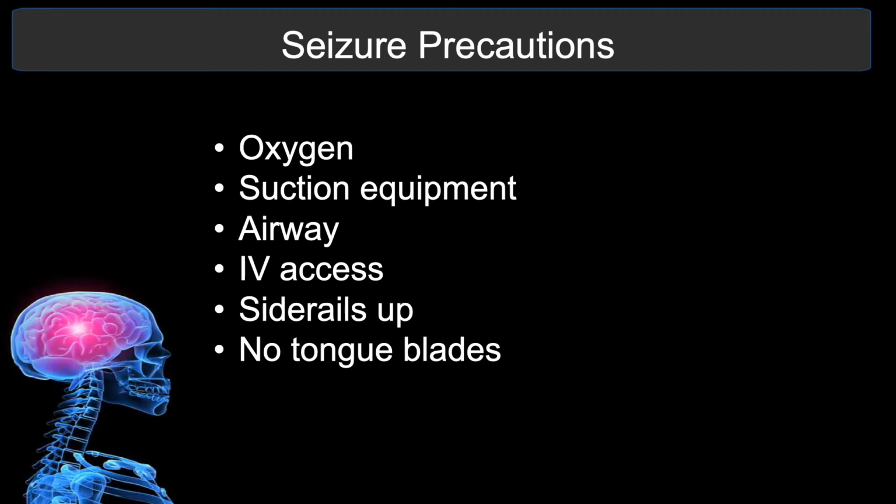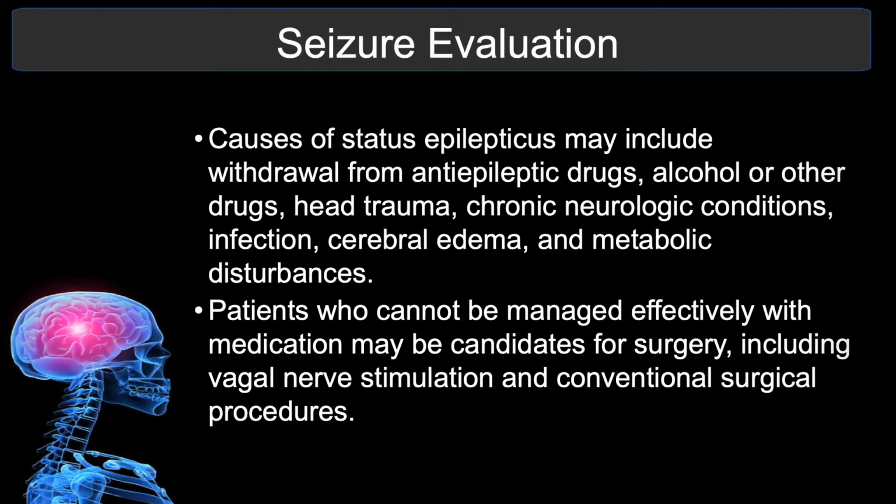The effectiveness of your seizure interventions will partially be determined by the source of the seizures in epileptics. So, your sources may include withdrawal from AED medications, alcohol, other drugs, head trauma, chronic neurological conditions, infections, cerebral edema, and metabolic disturbances.